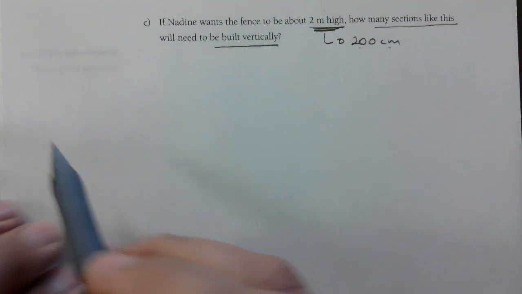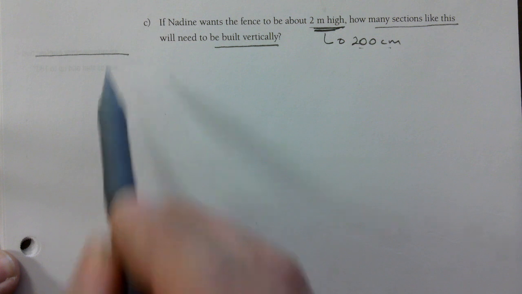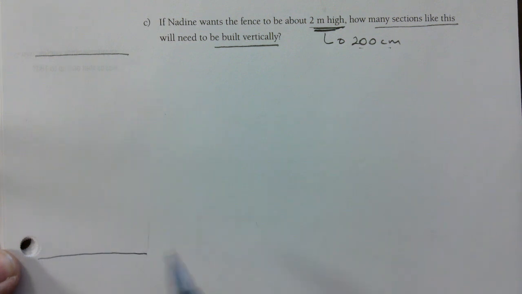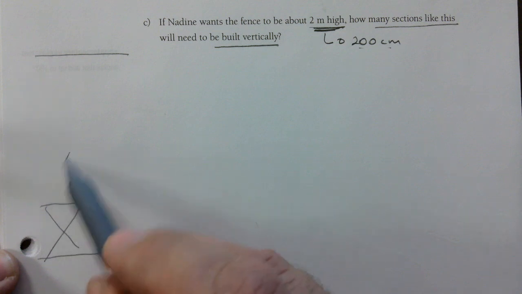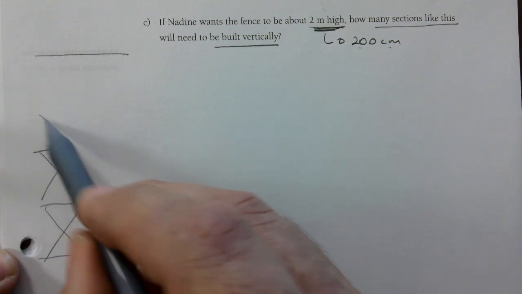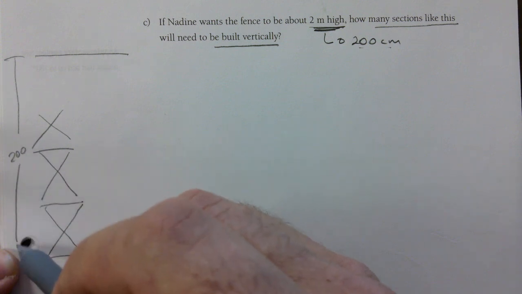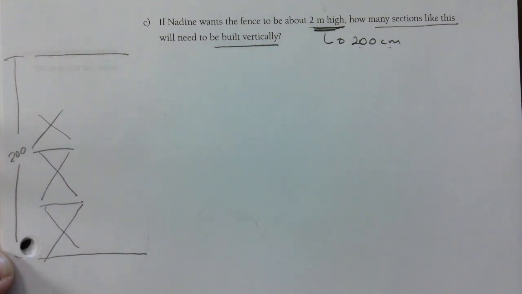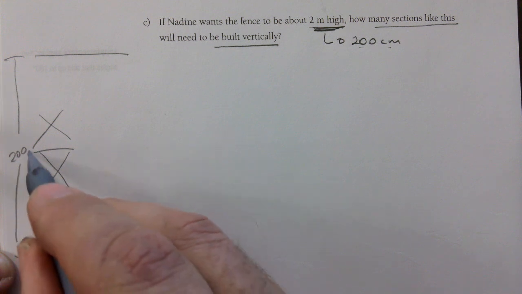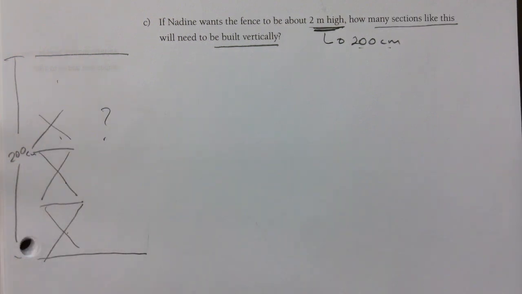So they're basically saying, hey, if this is how high you want it, how many of these would you have to stack to get to 200 centimeters? And why did I go centimeters? Because all the measurements up there are centimeters, right? So they're asking how many are you going to have to stack to make that happen, okay?